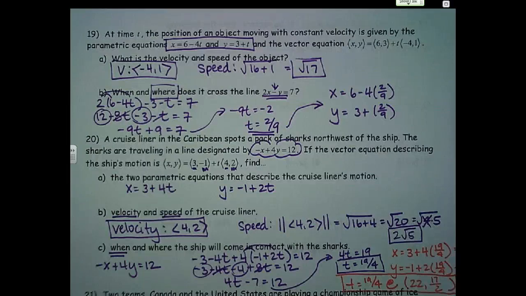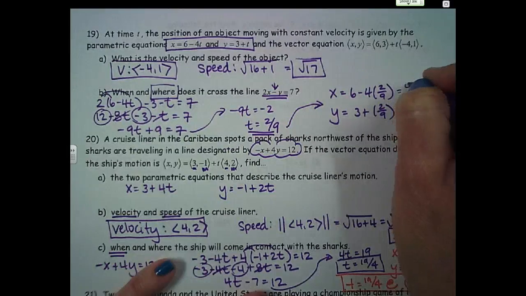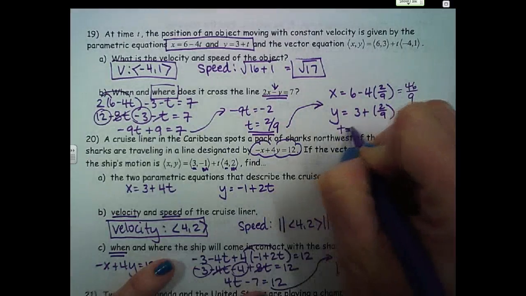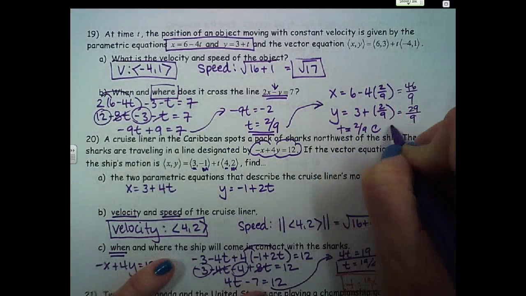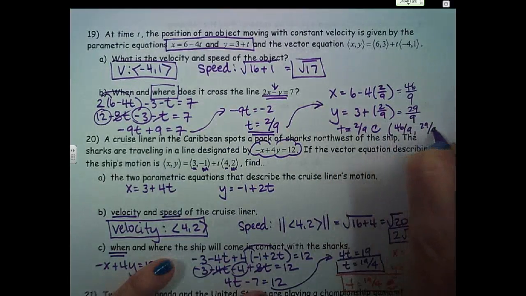I got 46 over 9 and 29 over 9. So your answer is time equals 2 ninths at (46 ninths, 29 ninths).